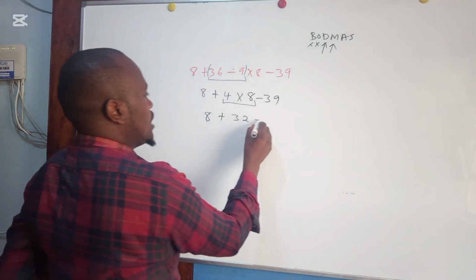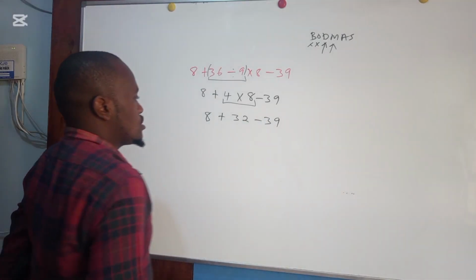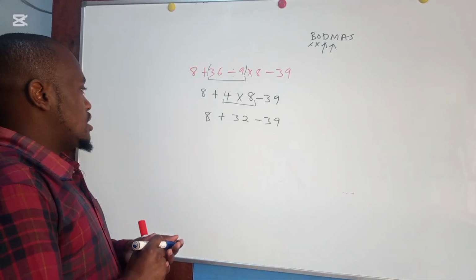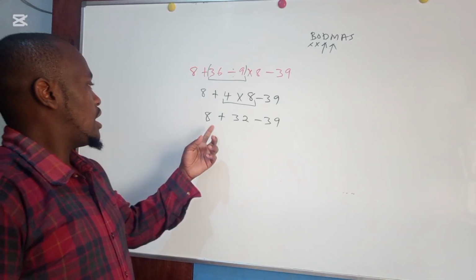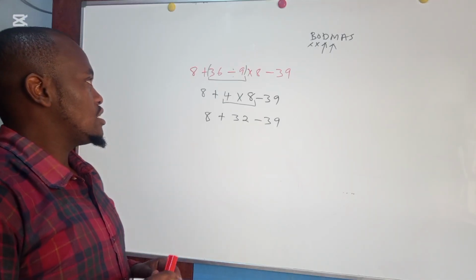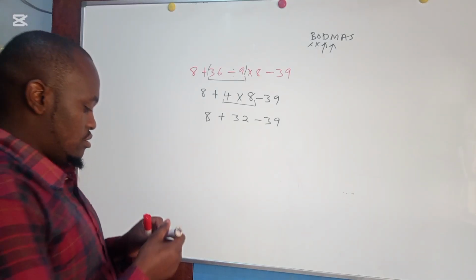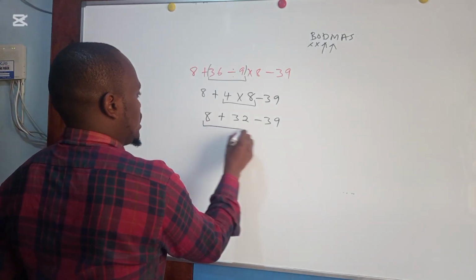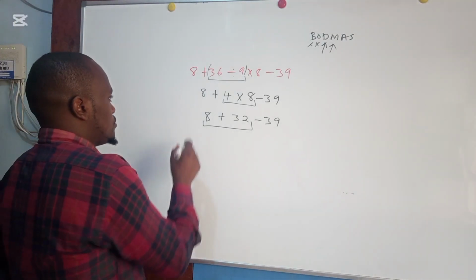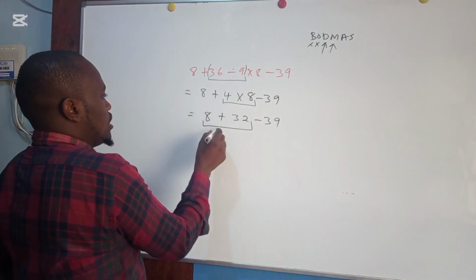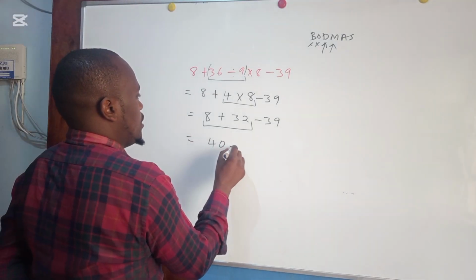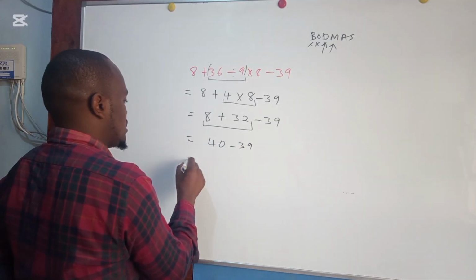So only at this point are you supposed to check what begins here. It is addition before subtraction. At that point, it's only when you are supposed to rearrange. But in this case, we have addition first. So you can just add. This is 40. 40 minus 39. And the answer is 1.